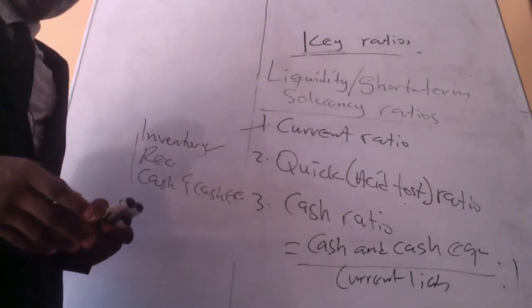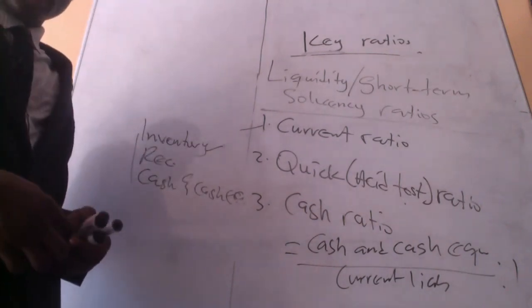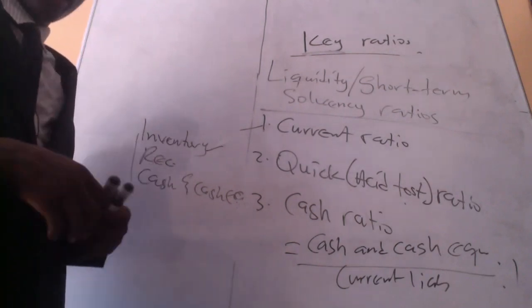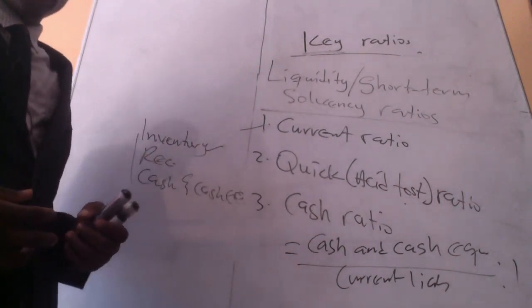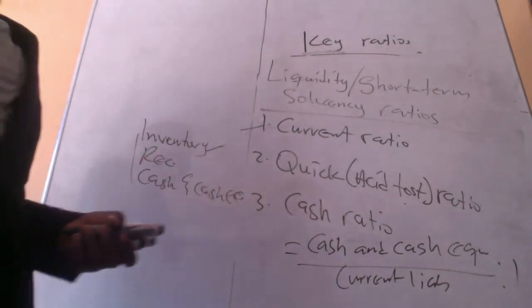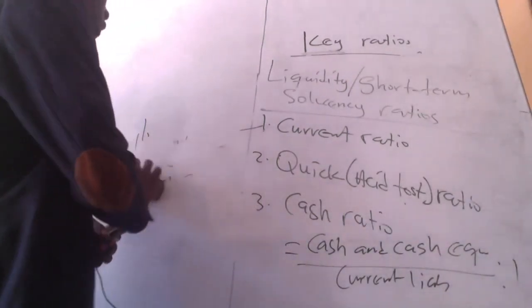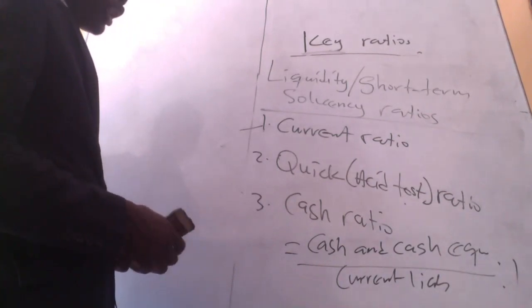No. What do you do? Invest the surplus cash into a return-yielding investment so that you can get a return on it, rather than just protect it. You can even expose yourself to theft in the organization. So take note, for all the liquidity ratios, the higher the better. The reverse is true. Good.